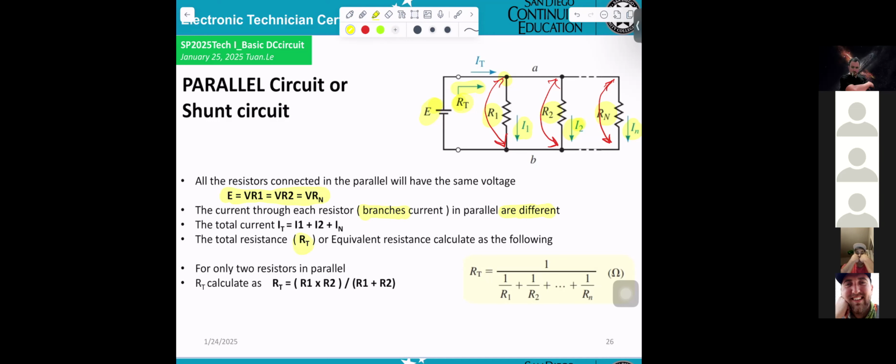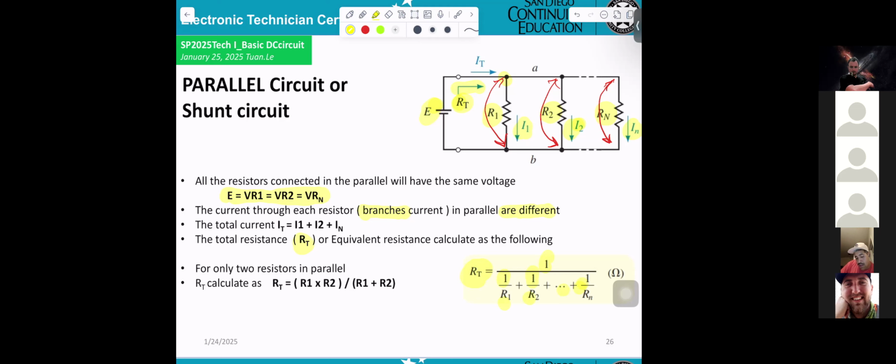R total, the total resistance or equivalent resistance, is calculated by this formula: R total equals 1 divided by (1 over R1 plus 1 over R2 and so on).